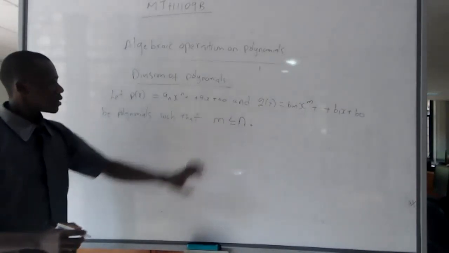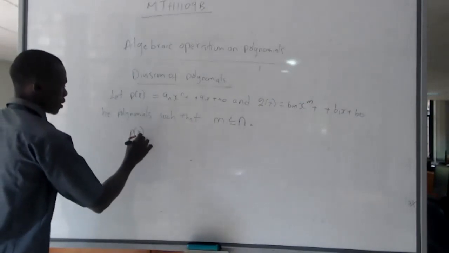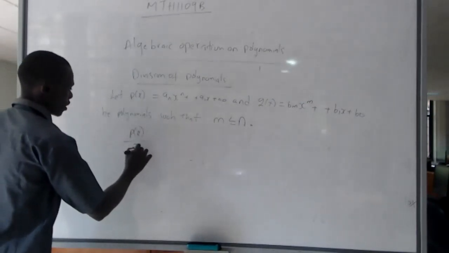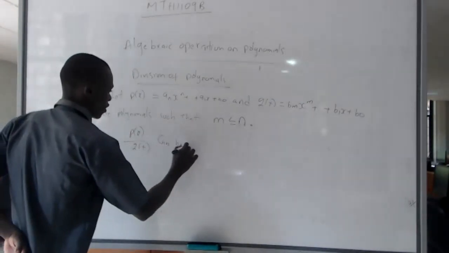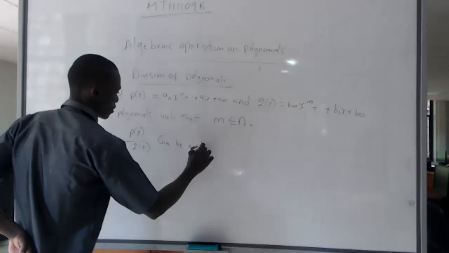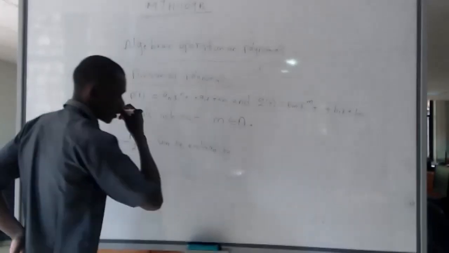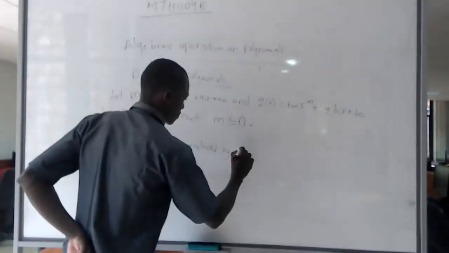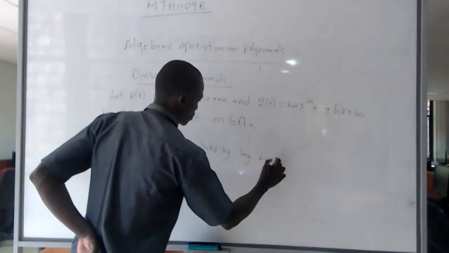Okay. Then P(x) divided by Q(x) can be evaluated by what we call just long division. Let's do long division.